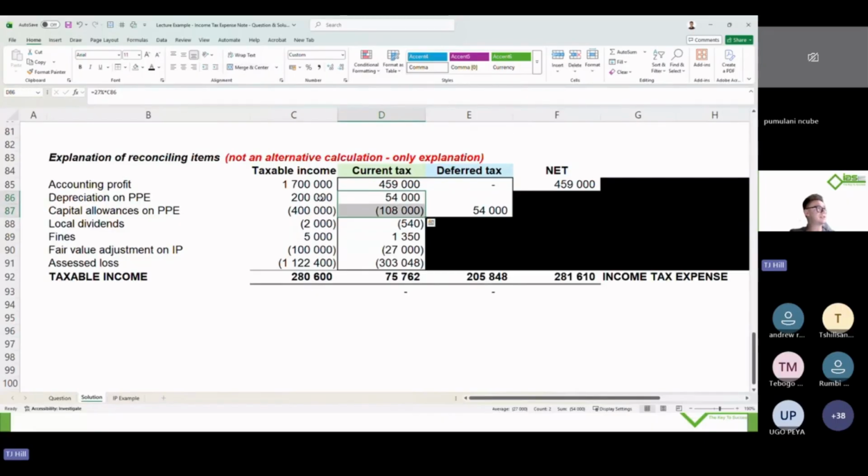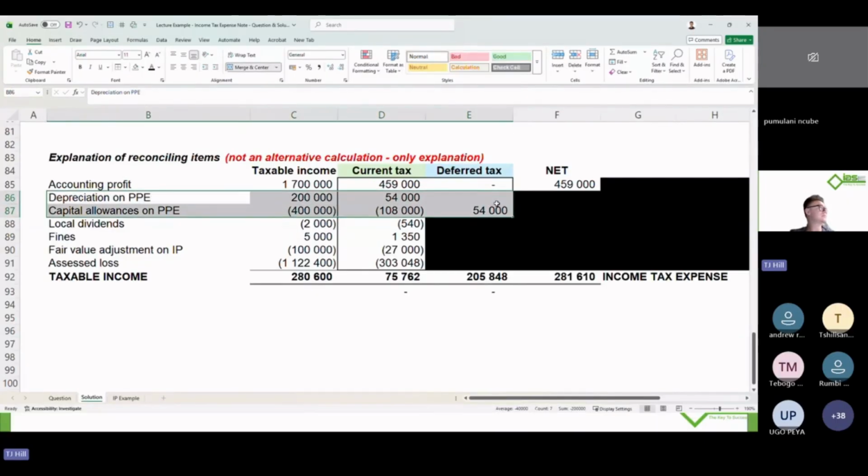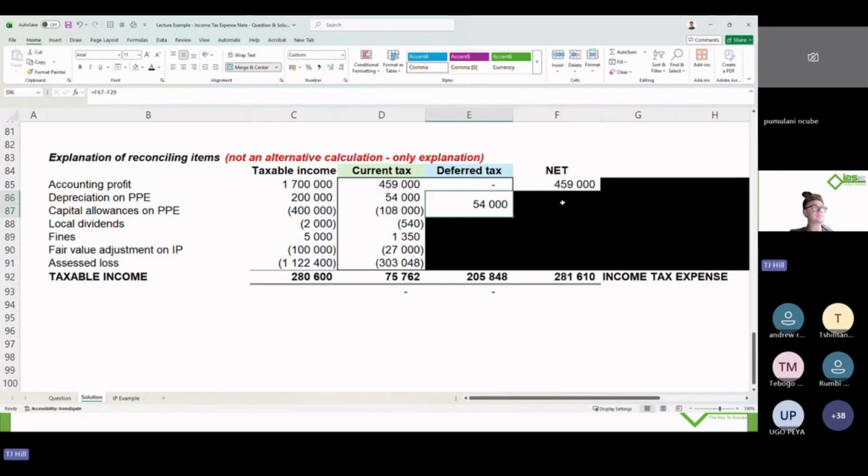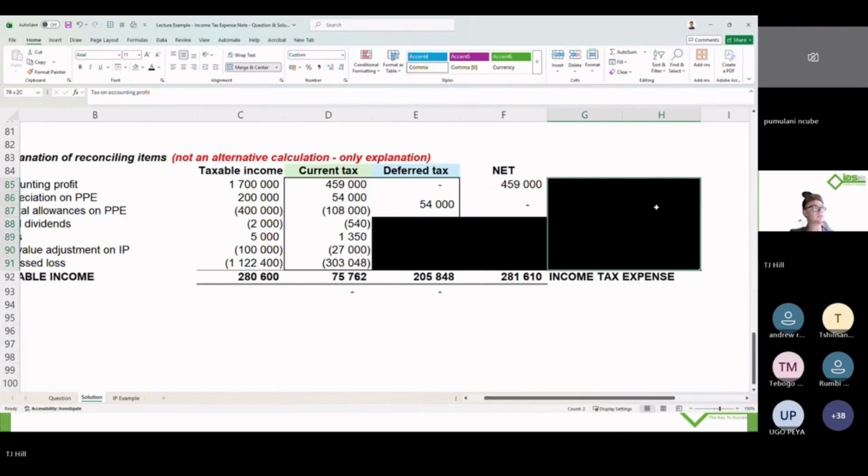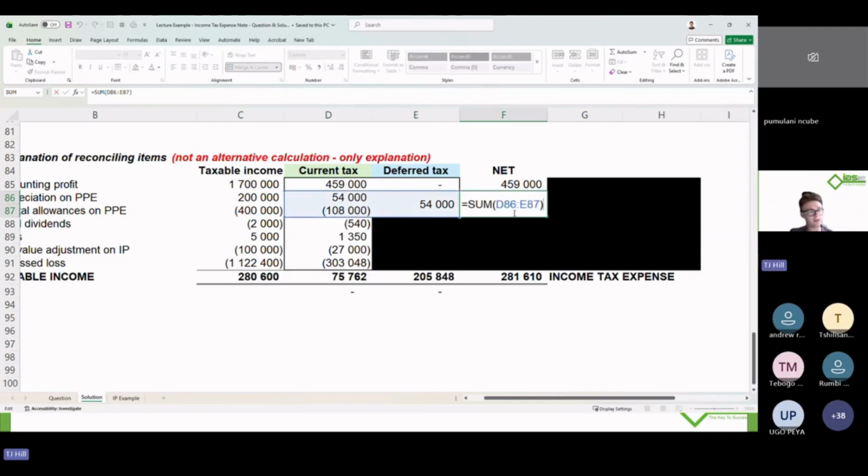This is the tax effect of those two adjustments. So this is actually just one item, if you think about it. They have actually reconciled across. Because those two put together is minus 54. That one is a plus 54, so I've accounted for it on both sides, essentially.